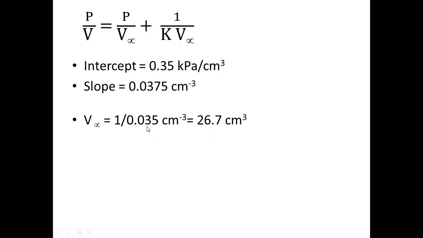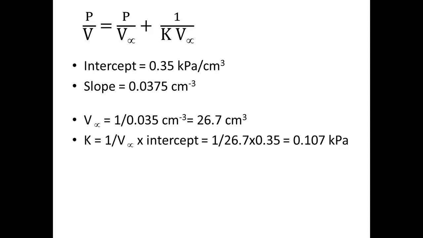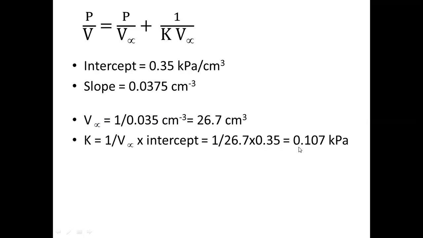So again, this will give you the 26.7, because this is the slope. Slope will be 1 over v infinity, and you will get the value of this. And the k value will be 1 over v infinity into the intercept. The intercept is 0.375, and this you have calculated out of this. That's why I said earlier, first you have to calculate the value of this, and then you will put the value over here, and that would be the final answer of 0.107.